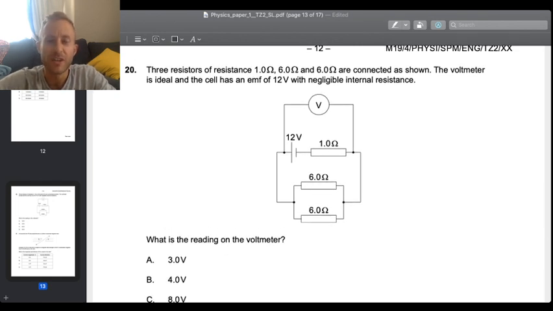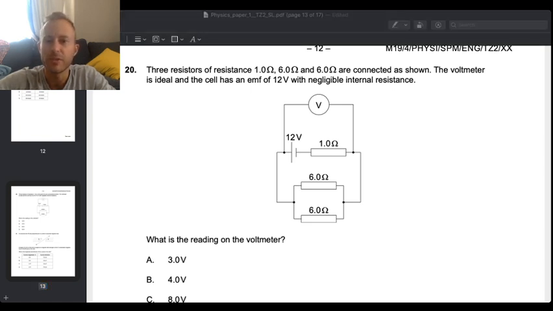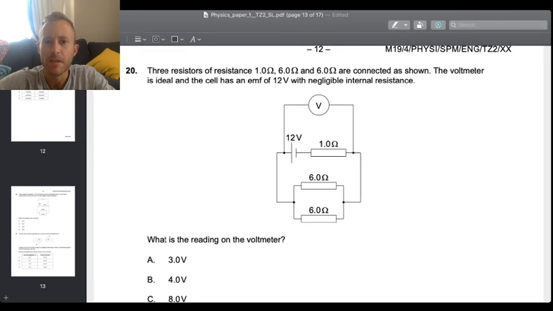So the voltmeter is actually reading what we would call the terminal voltage, because we can see we have basically a real battery with EMF 12 and internal resistance of 1, and then we're seeing how much voltage the external circuit gets.